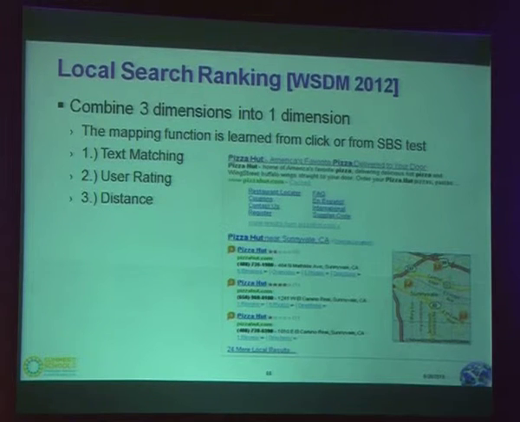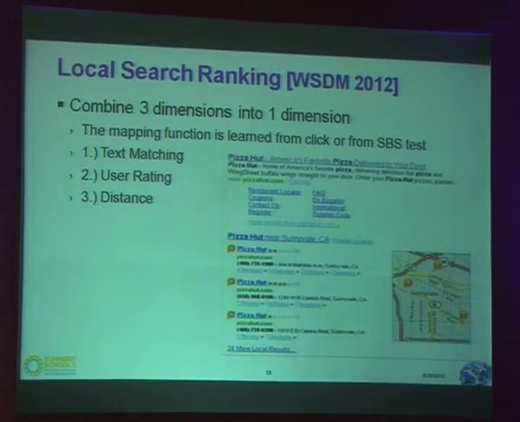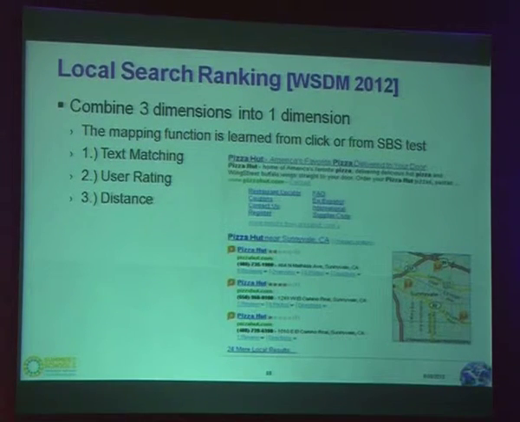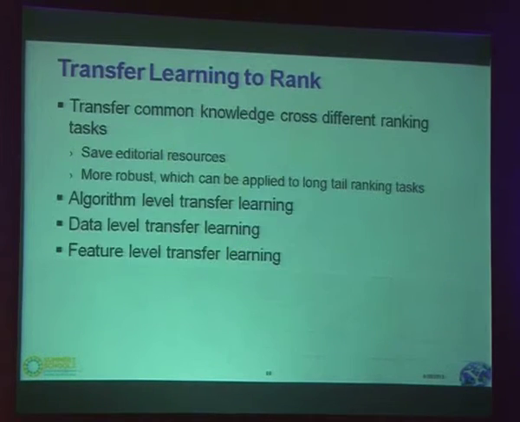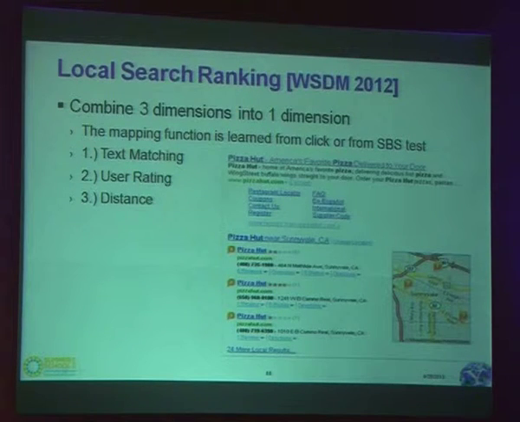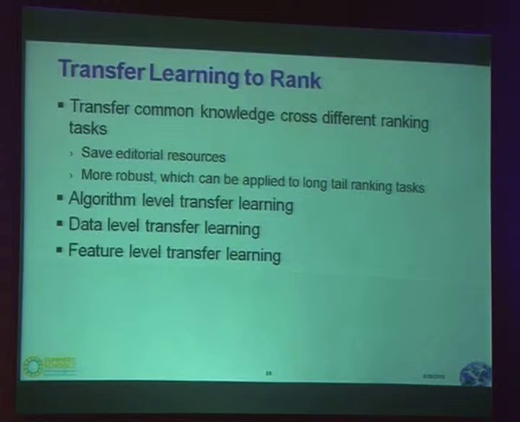As a result, we provide separate models for text matching, user rating, and distance. Then, based on user clicks, we learn a preference model, a pairwise learning model, to combine the three dimensions of ranking scores. That is the main idea for local search ranking.